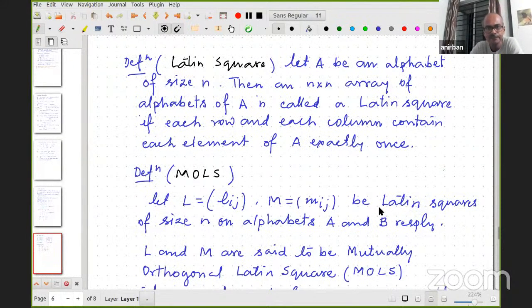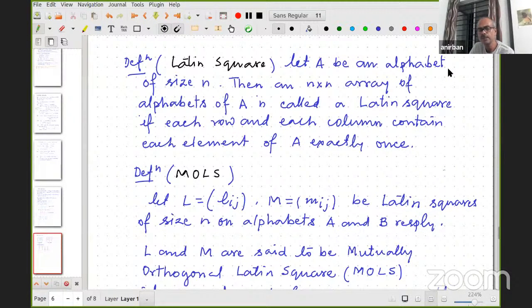So A is a set of alphabet, a collection of n symbols, which could be numbers or alphabets. So let A be an alphabet of size n. Alphabet means just symbols.